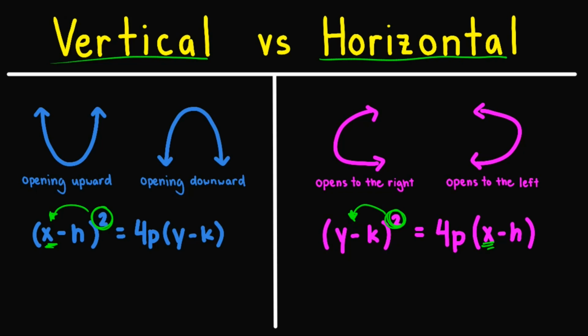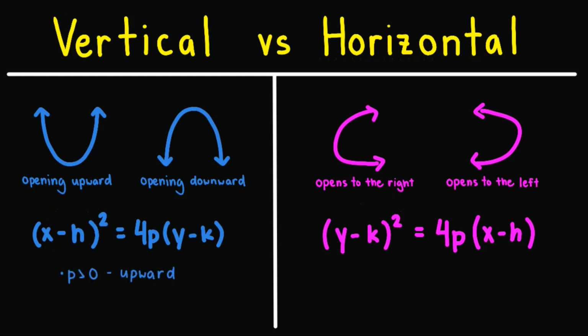Aside from this, we can dive deeper. A good question to ask is that if it is vertically oriented, when does it open upward and when does it open downward? The answer is it opens upward if p is greater than 0 or positive, and it opens downward if p is less than 0 or negative.